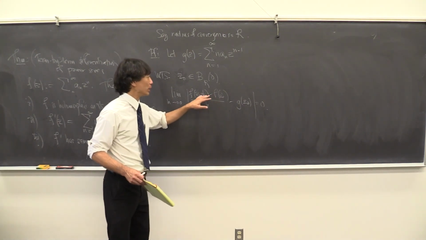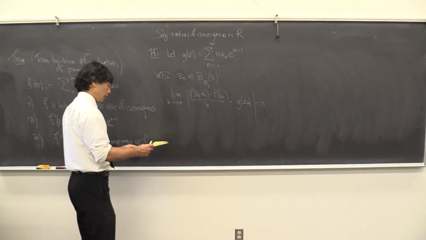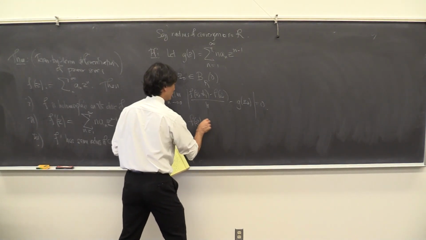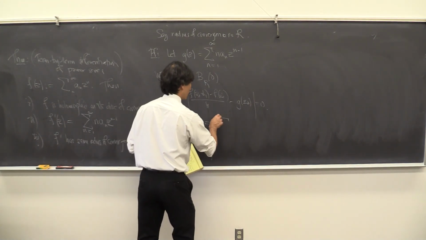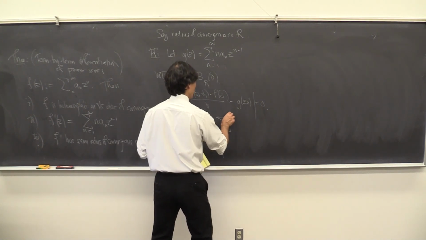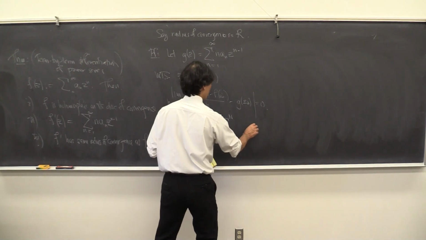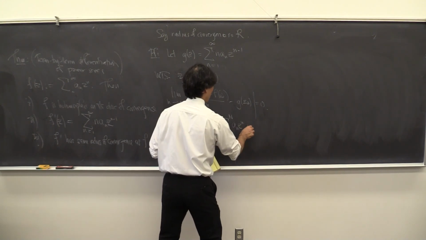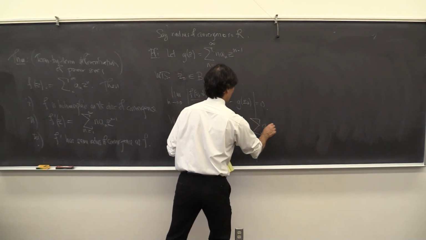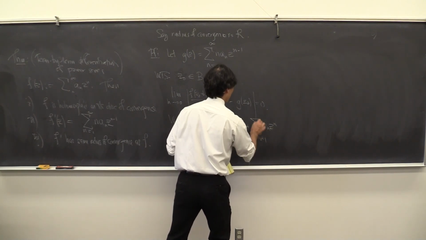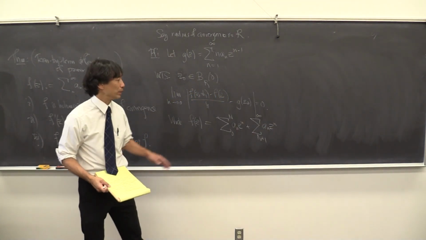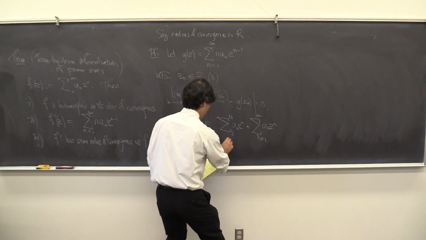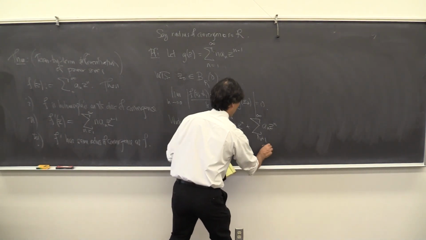So what we're going to do is break up f of z into 2 parts: a polynomial part, this finite part first, which we'll call S sub n, and then the tail from n plus 1 to infinity, which we'll call E sub n.